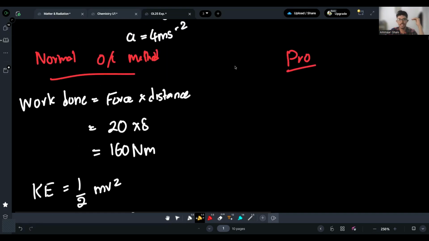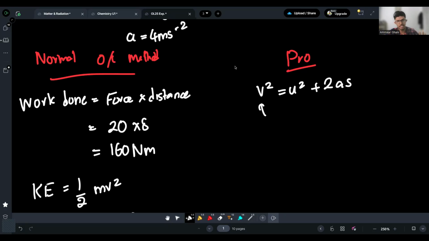But in case you are some kind of a pro, and if you know the equations of motion, let me just write it down. You have four equations of motion. Let me write down the one which is relevant to this, which is v squared equals u squared plus 2as.